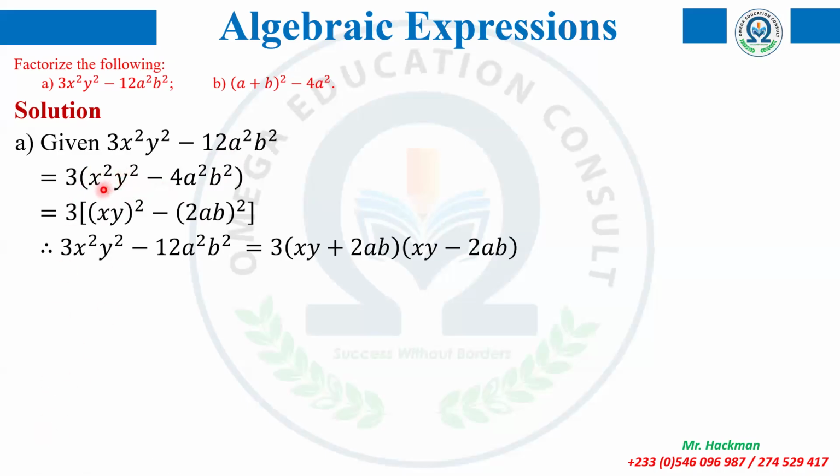So I know that if I have x squared y squared, I can write this as xy, the whole of that in bracket squared. Again, the 4 here is the same as 2 squared, so I will get 2 squared a squared b squared, and I can also write that as 2ab, the whole of that squared. Take note.